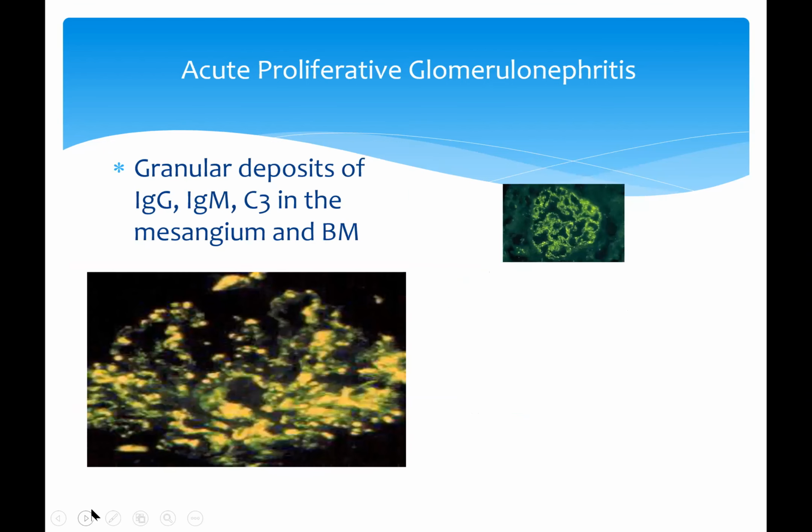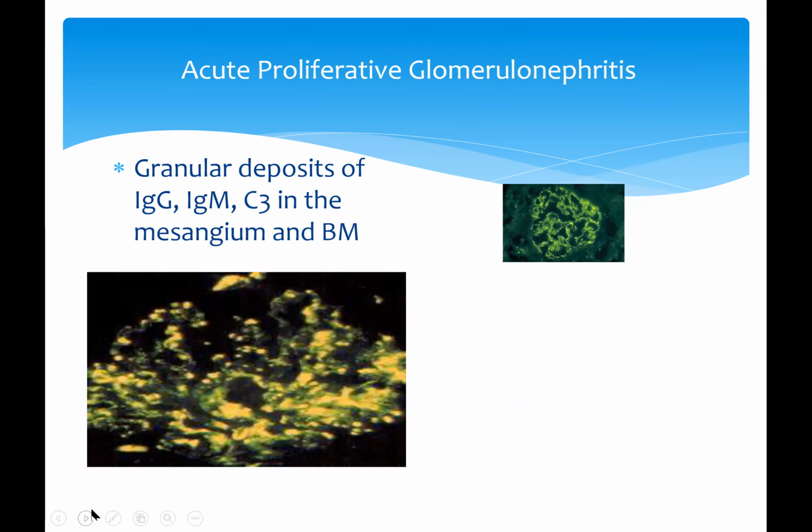Now, this protein can directly activate the complement so that when you look at it under immunofluorescent stain, they are expected to have coarsely granular deposits of complement protein C3.